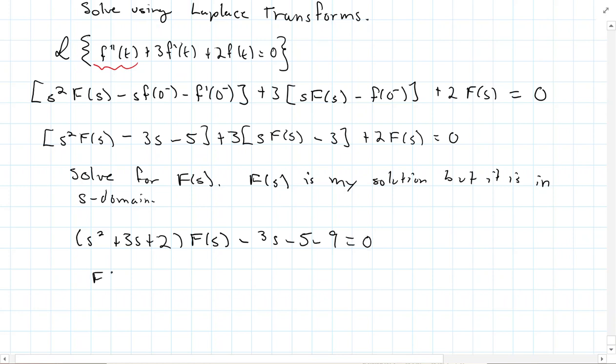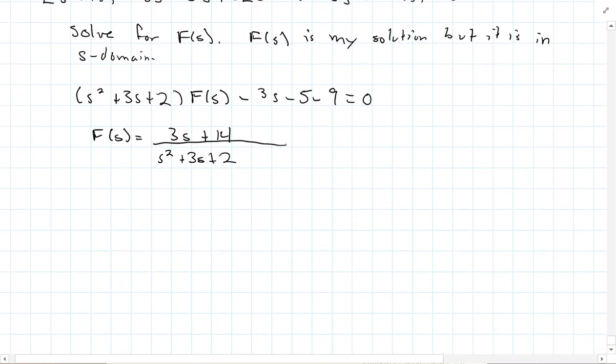And then just solving this, F at s is equal to 3s plus 14 over s squared plus 3s plus 2. So this is my solution. This is my answer.